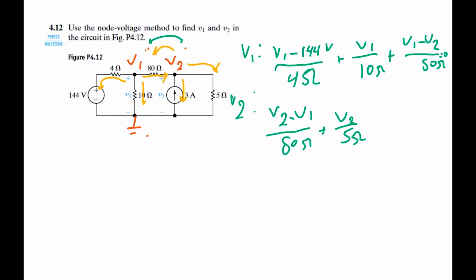Although we said V2 has a current going down, what's actually happening in this circuit is that there's 3 amps coming into the circuit. So we would set this equal to 3, but in order to simplify it, we're just going to say minus 3 is equal to 0, and for algebraic reasons that all adds up. Now we can solve this system of equations, and we can simplify this down into something like this.